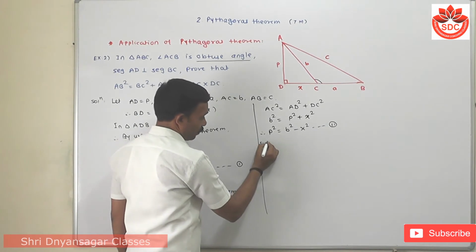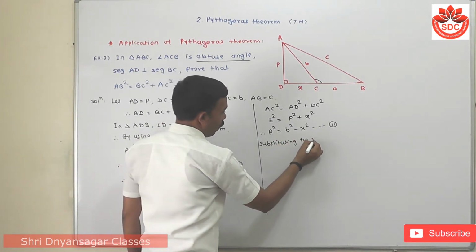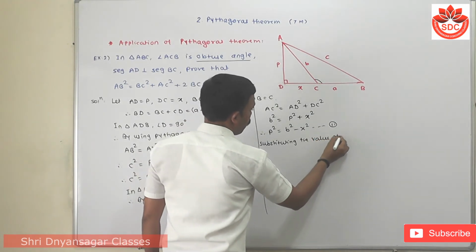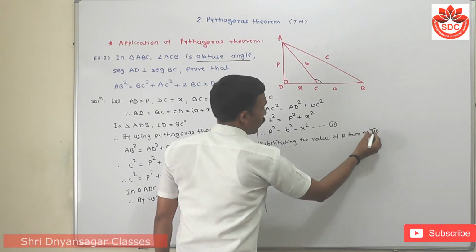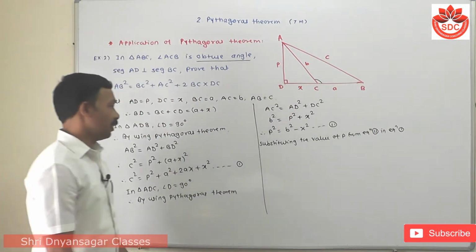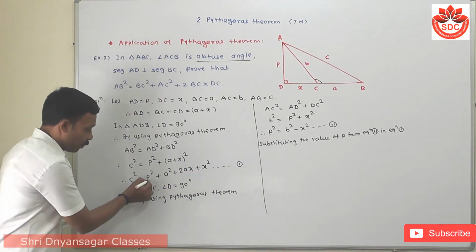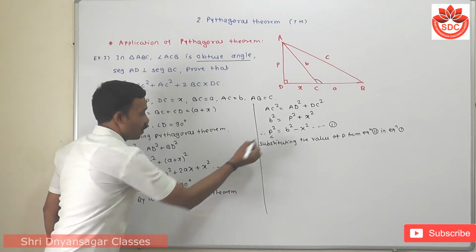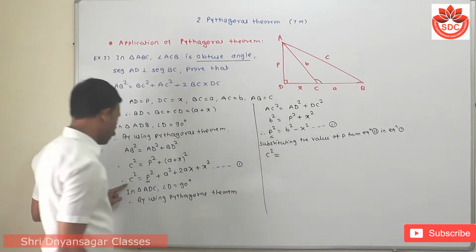Substituting the value of P from equation second in equation first. So we substitute this value into equation number first, meaning the value of P square.